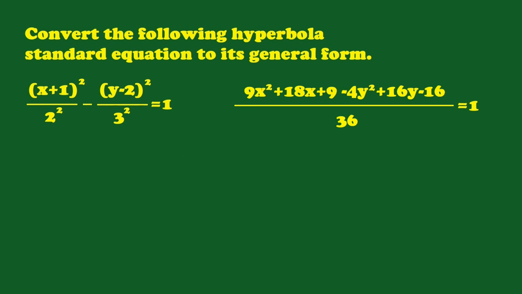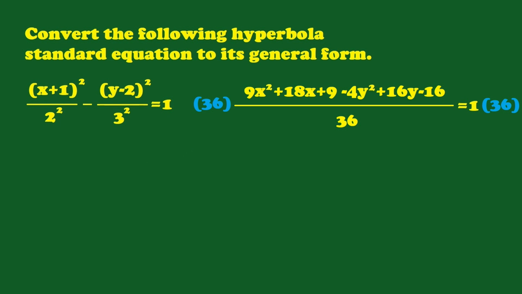Assuming that the calculations are correct, we now have a new numerator of 9x squared plus 18x plus 9 minus 4y squared plus 16y minus 16. Since the general form of the equation of the hyperbola does not have a denominator, we have to remove the denominator 36.